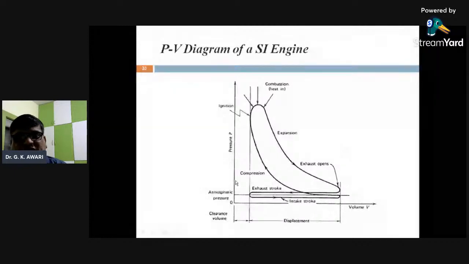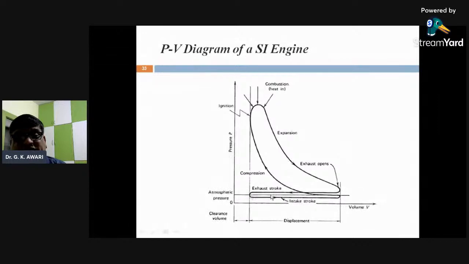This process is also called scavenging, and the fresh charge is inducted, sucked inside the cylinder. So this is the pressure-volume diagram, the PV diagram for an SI engine, like a petrol engine, which is a spark ignition engine, and we use this Otto cycle in case of the SI engine.